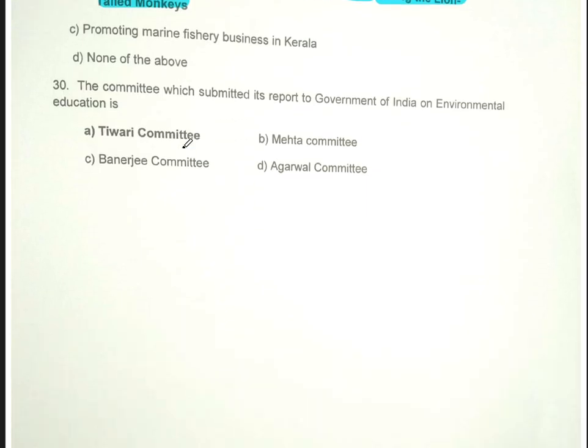The committee which submitted its report to the Government of India on environmental education is the Tiwari Committee.